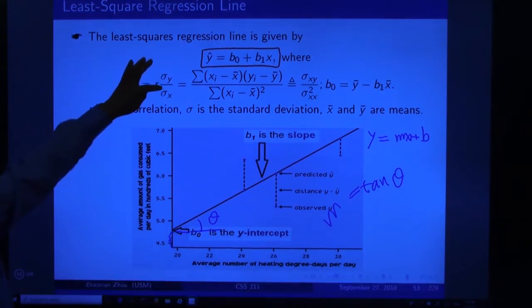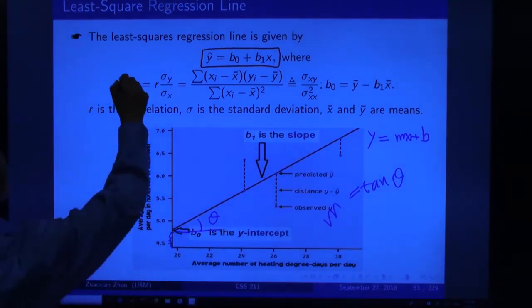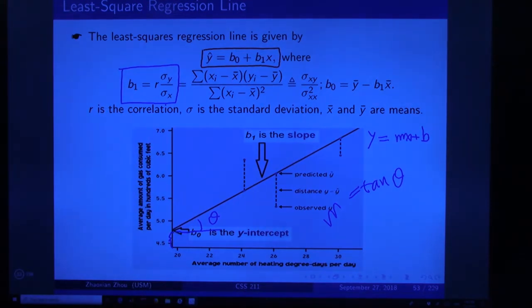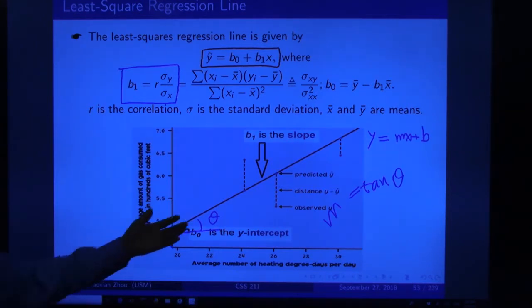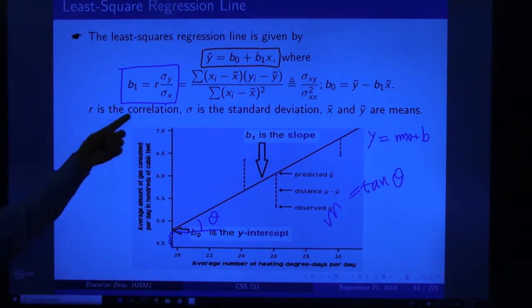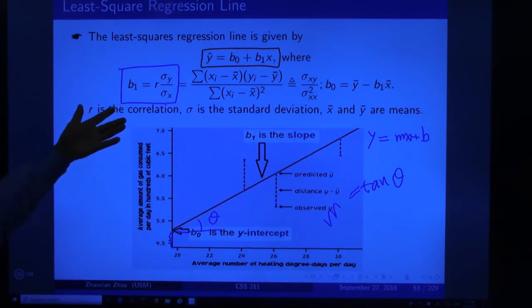Sigma y is the standard deviation for the y data set, and the sigma x is the standard deviation for the x data set. So if we are given all these points, we have an x data set, we have a y data set. We calculate the sigma y and the sigma x.